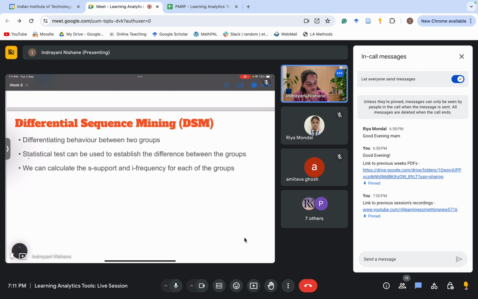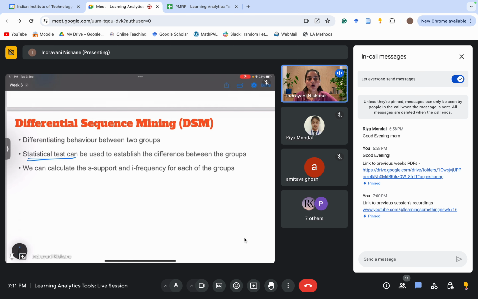So this is the importance of DSM. It will statistically tell us if the groups are behaving in different ways, if the patterns are occurring in statistically significantly different ways. When we want to actually establish the difference, this will help.